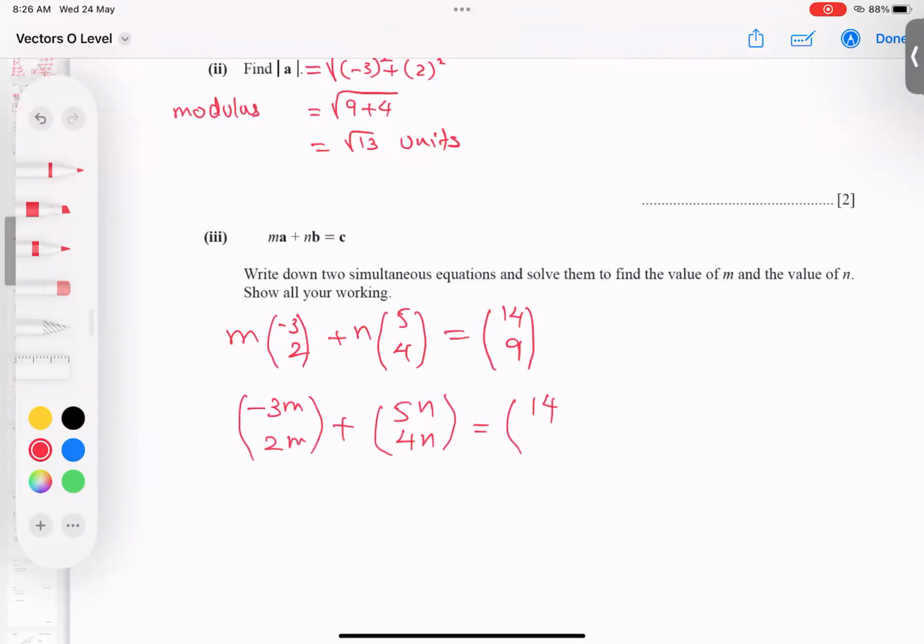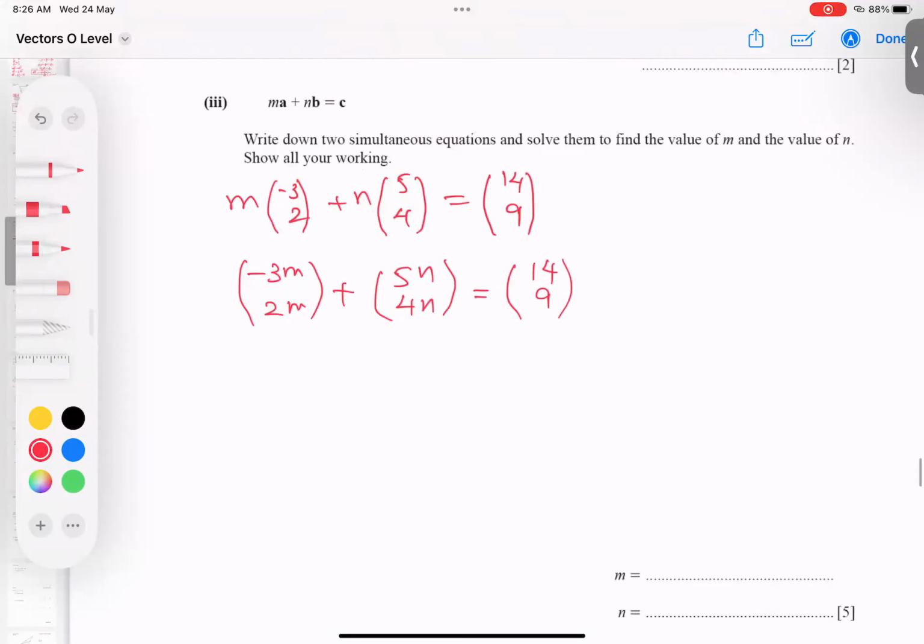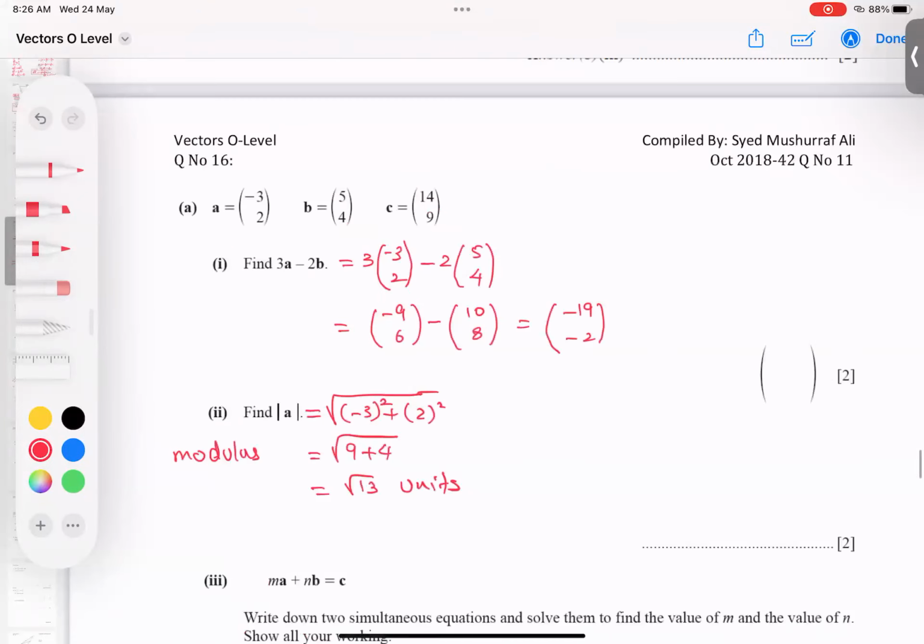And here 14, 9 as it is. Now I can do what? This X component equals that X component. So negative 3M plus 5N equals 14. Now same way Y components. So 2M plus 4N equals 9. I have to solve them simultaneously.